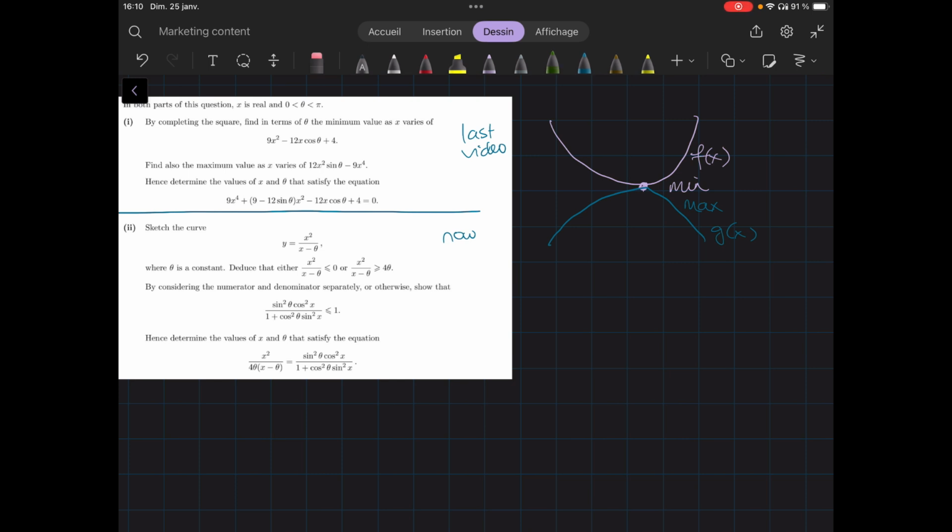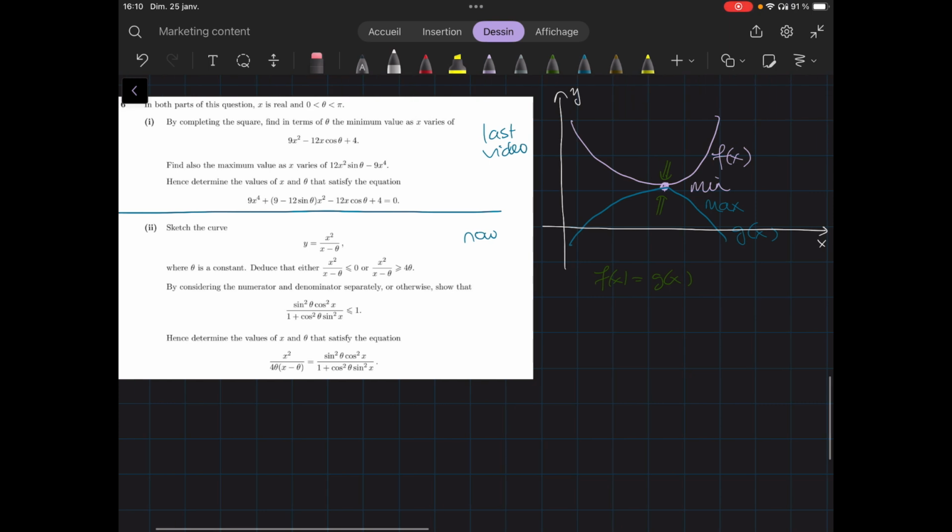The equation f of x equal to g of x only has a solution when the x value for which f reaches the minimum is the same as the x value for which g reaches a maximum. And I can also add the x's to make it even clearer.